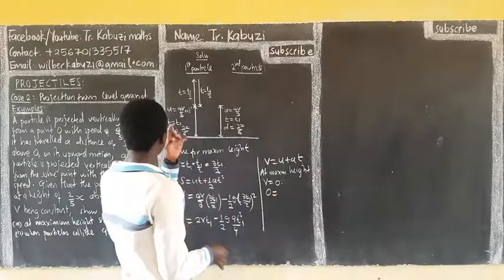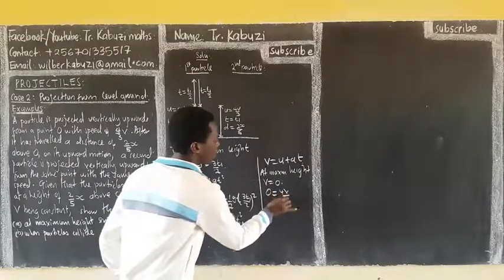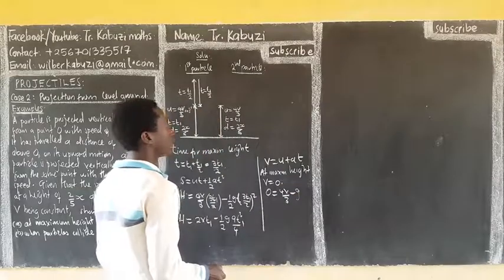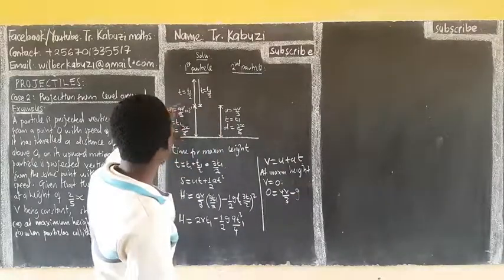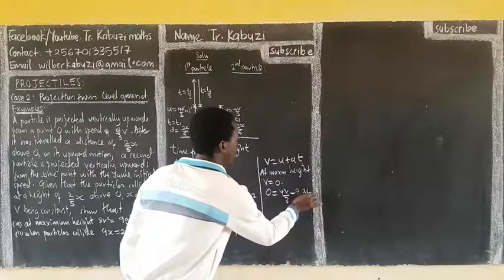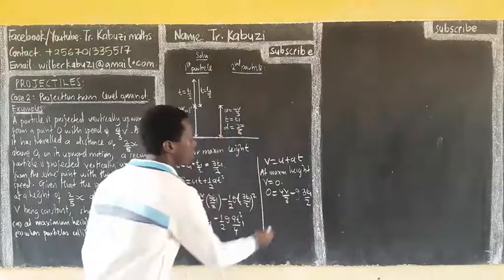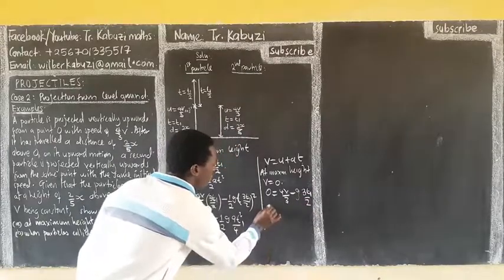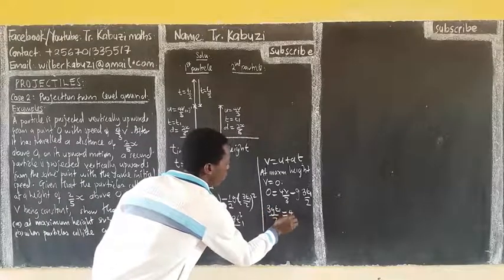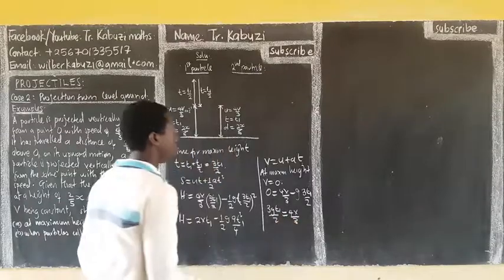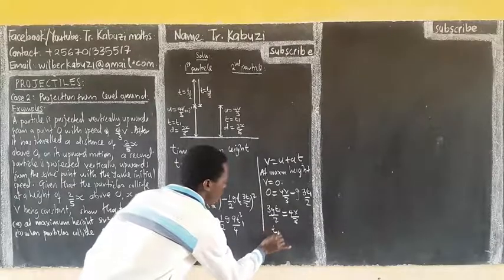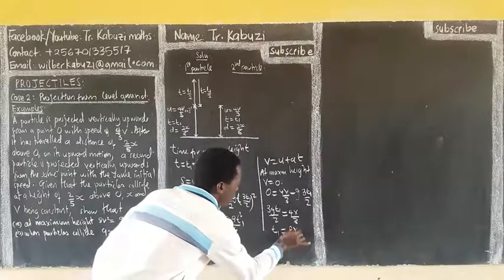Our u is going to be 4v over 3, then minus g, and the time we are using for this maximum height is 3t1 over 2. So taking this side, I have 3g t1 over 2 equaling 4v over 3. When you divide through, you shall have our t1 equaling 8v over 9g.